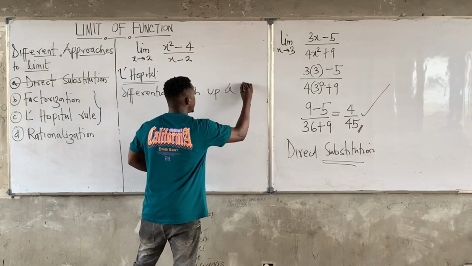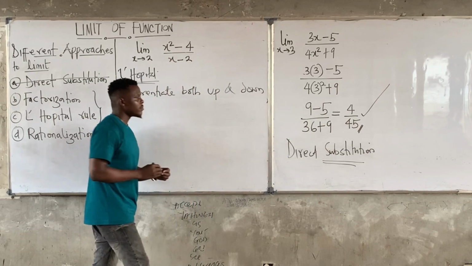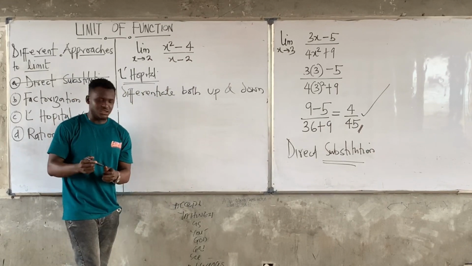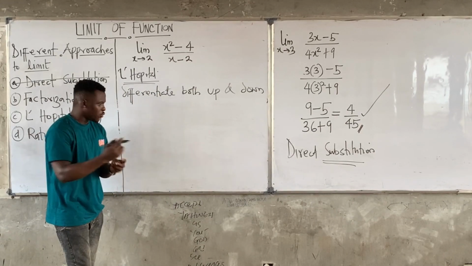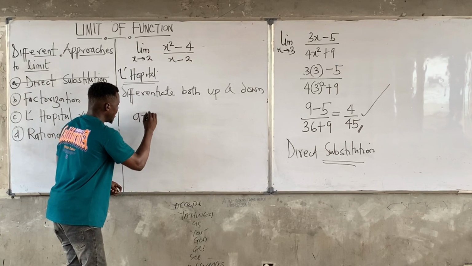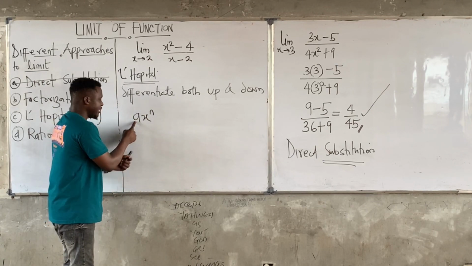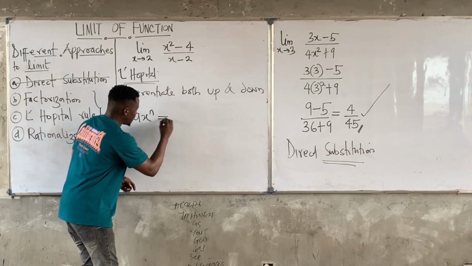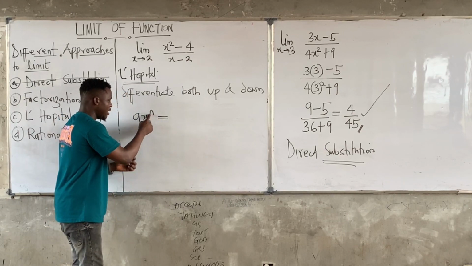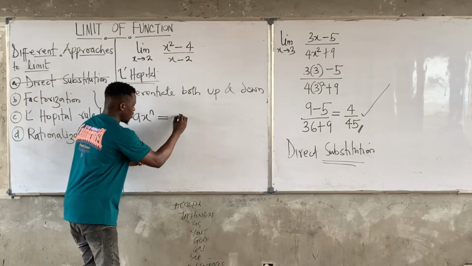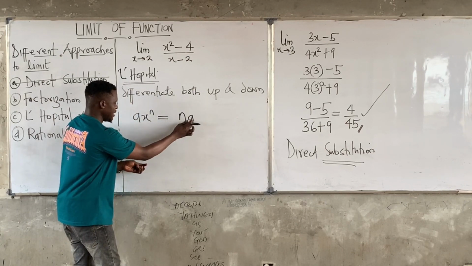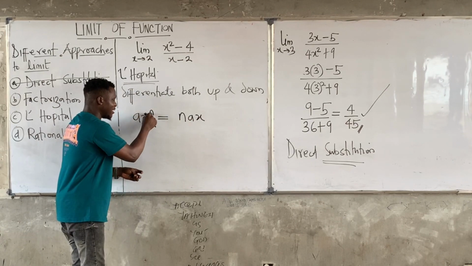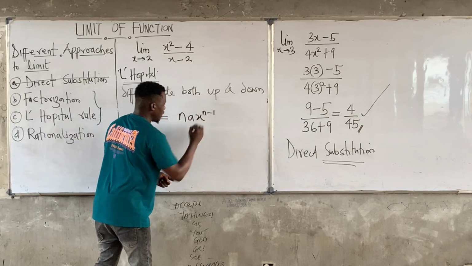up and down. Now, for me to carry out differentiation, let me give us a quick rule for differentiation. Let's assume this is a x to the power n, where a is the constant, x is the variable, and n is the power. Differentiation says take the power and multiply with the constant. This becomes n a x, then subtract 1 from the power, n minus 1.